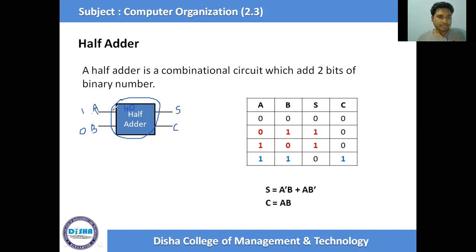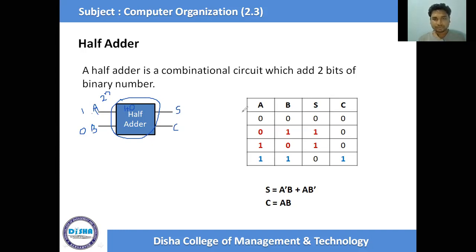As this system has two input values, the possible combinations are 4 as per the 2 to the power n rule, where n is the number of input values. So we have 4 possible sequences of combinations of input values to the half adder.